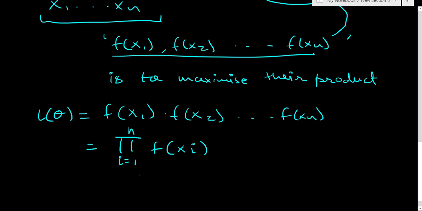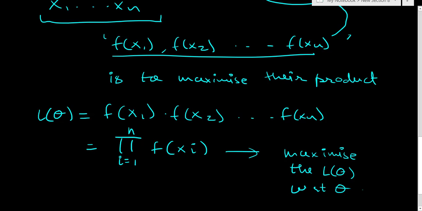So that is what the likelihood function is, and the rest of this is to maximize the likelihood function with respect to theta, and that we do using, obviously, the method of maxima and minima: taking a first order derivative, equating it to 0, and then getting the second order derivative negative.